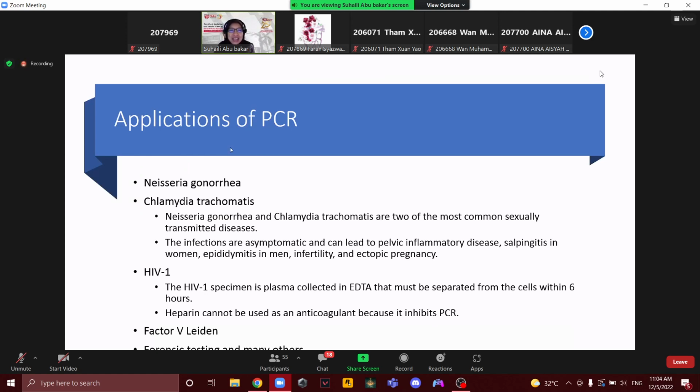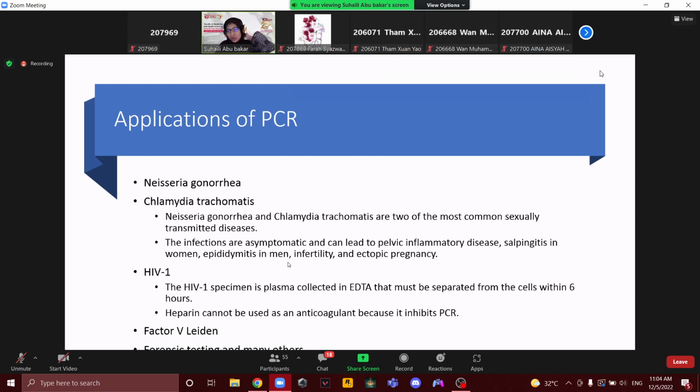Okay, ni lain application PCR selain daripada tu, you nak detect Neisseria gonorrhoeae ni. Biasanya macam ni lah, presence of the bacteria, presence of the virus, this one. HIV, okay, this is some information. Okay, asymptomatic, right? So for this chlamydia, for example, common sexually transmitted diseases.